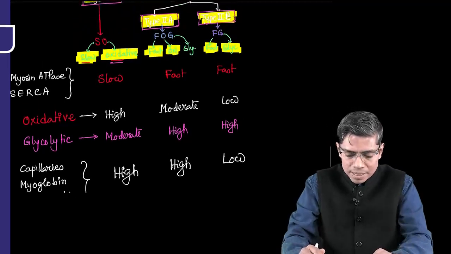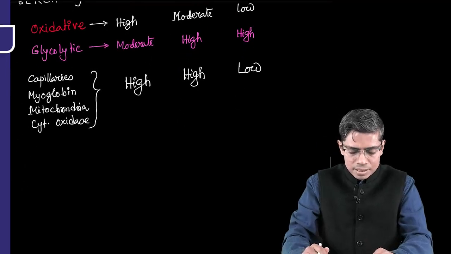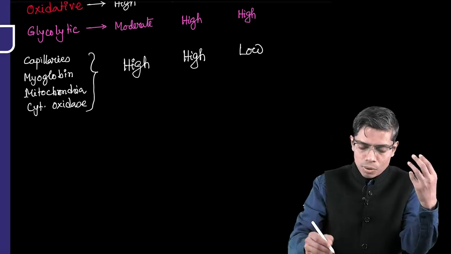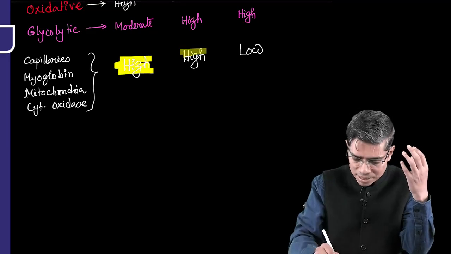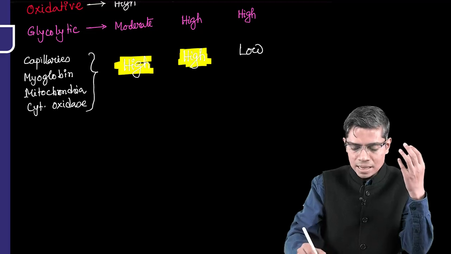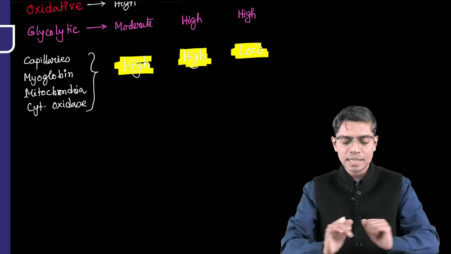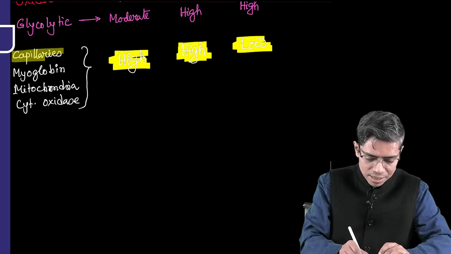If you look at type 2A, it also contains oxidative. So the number of capillaries, myoglobin, mitochondria, cytochrome oxidase, all will be very high in type 1. Obviously this will be highest. It will be a little lower in case of type 2A, and in case of type 2B it will be very low in amount.